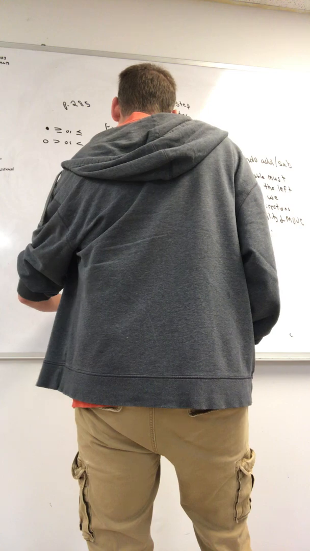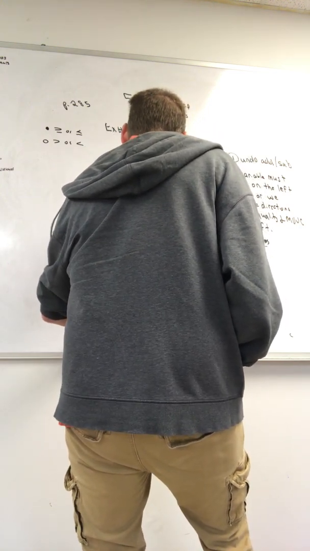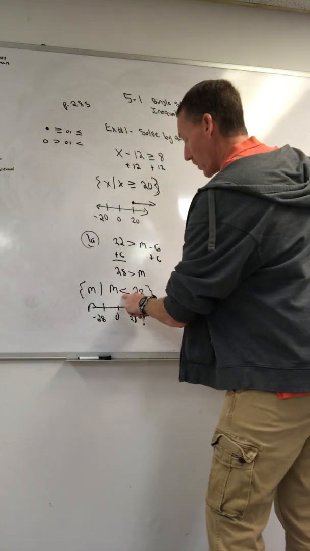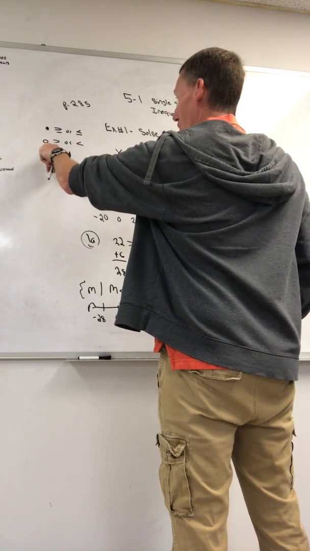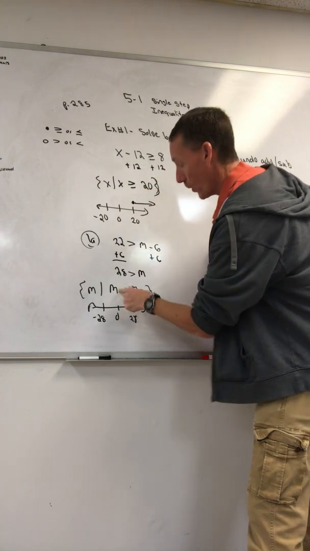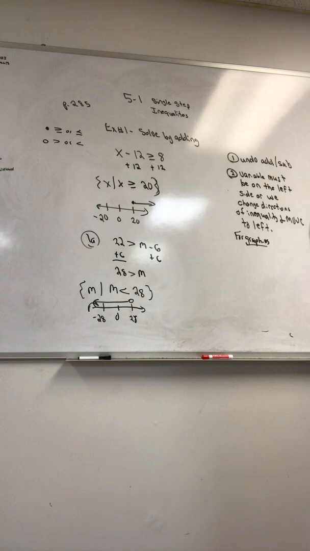Now go ahead and graph it. 0, 28, negative 28. This time, because it's just a less than, there's no equal to, it's an open dot. So an open dot over the 28 pointing to the left.